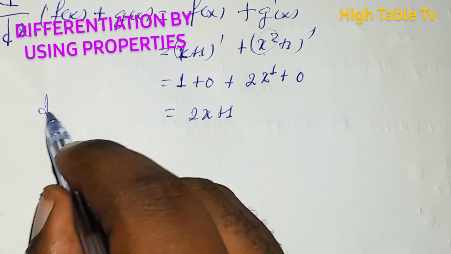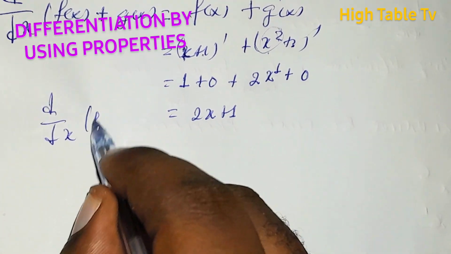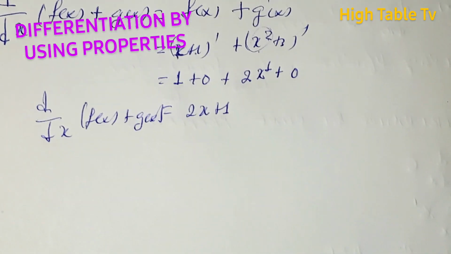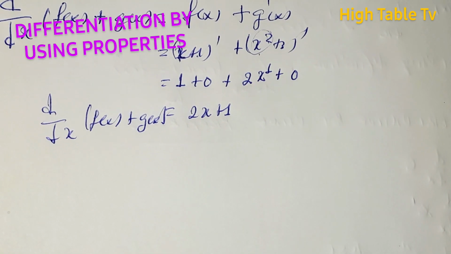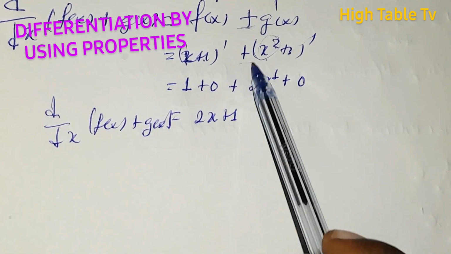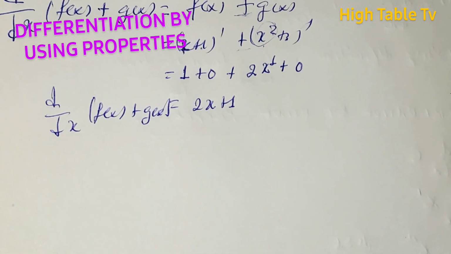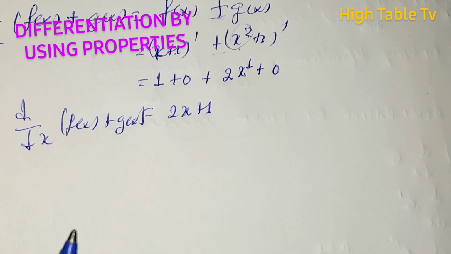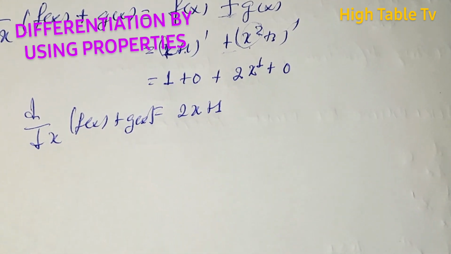This is the derivative of f(x) plus g(x). It will be the same if you have the negative here also; you can just consider your sign, which is negative, for each case. So this is the fourth property, about addition and subtraction.